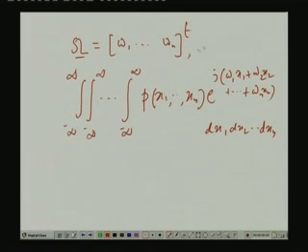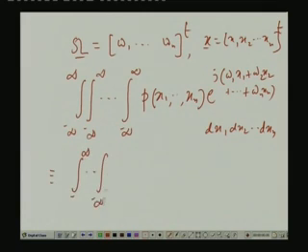If I also define a vector x as x1, x2, dot dot, xn transpose, a column vector, you can equivalently write this as p of x1 to xn times e to the power j omega transpose x.